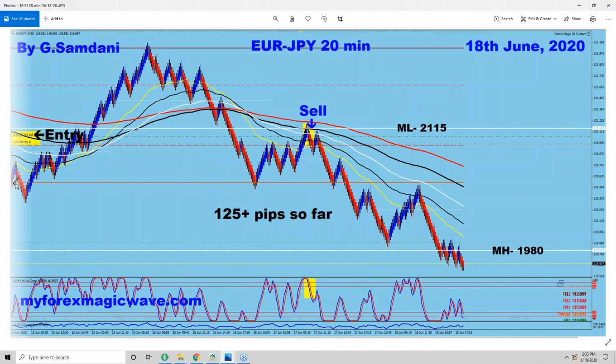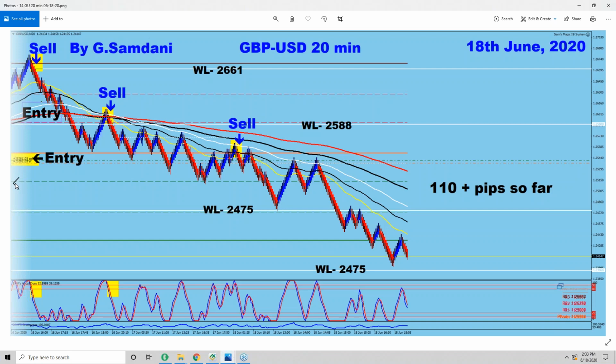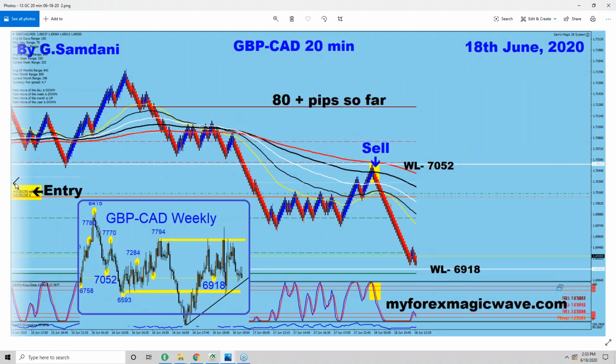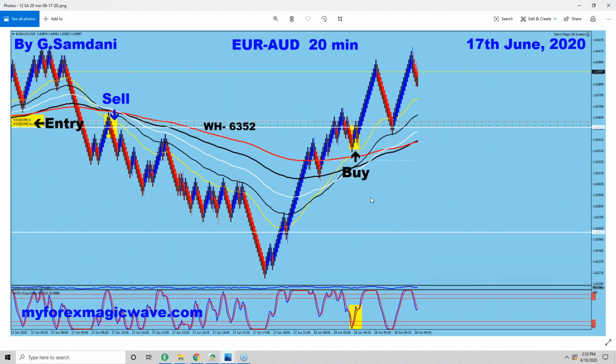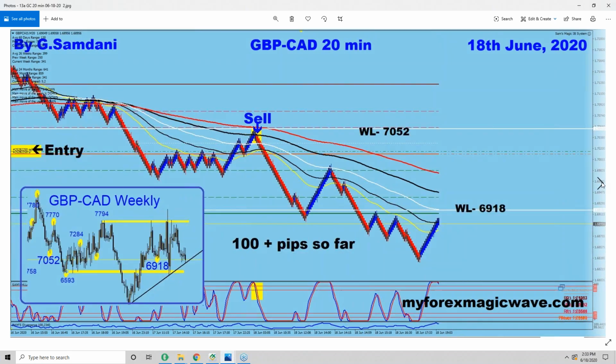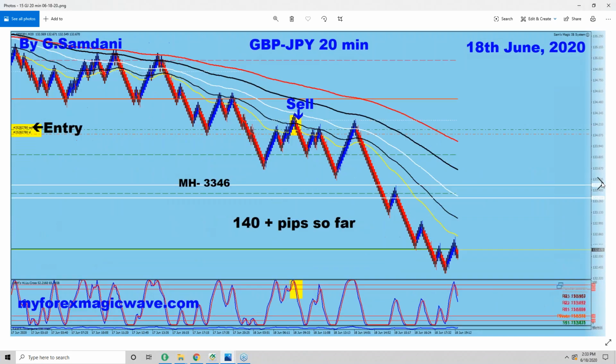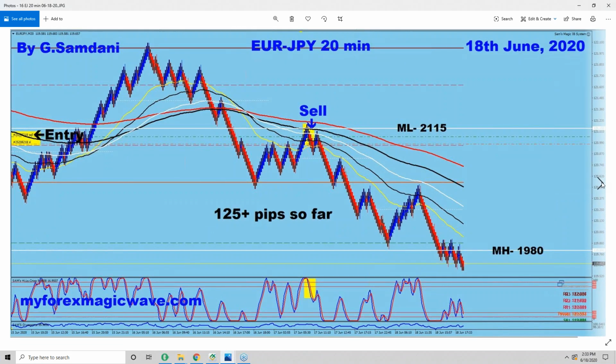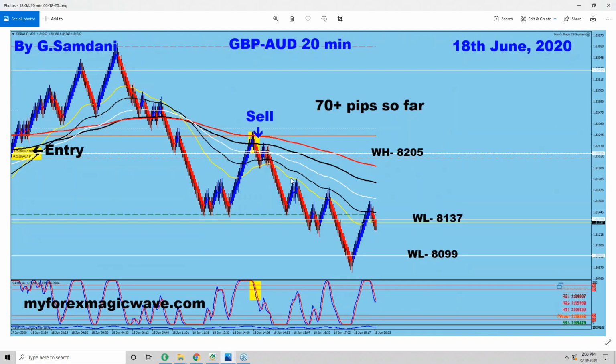This is 1, 2, 3, 4. Actually, yeah, 4 or 5. 1, 2, 3, 4, 5, right? Oh, no, this is another one, the pound Aussie, I forgot to show you.